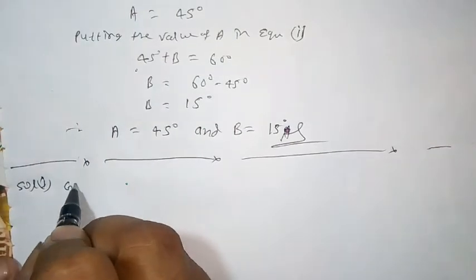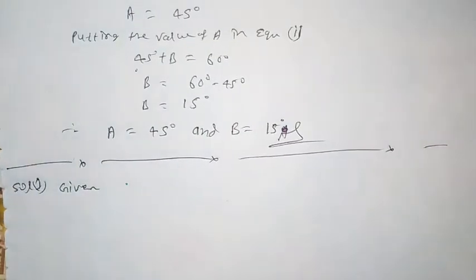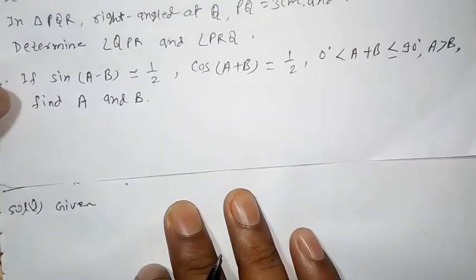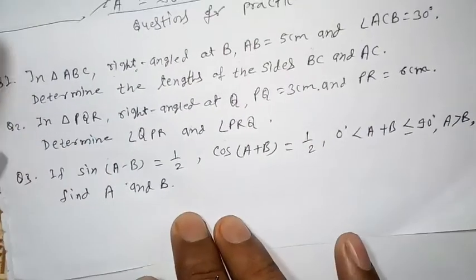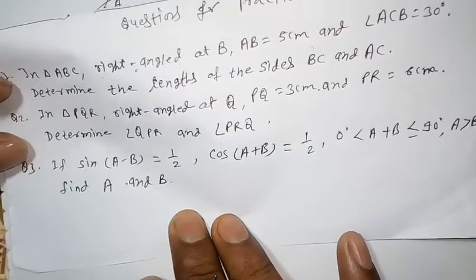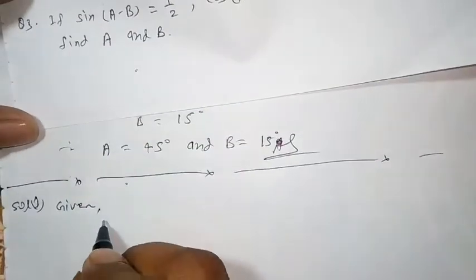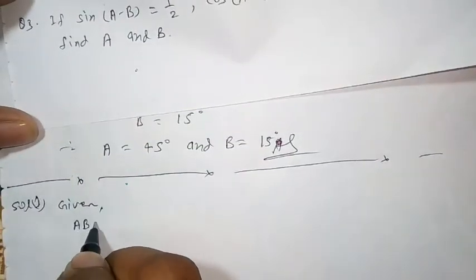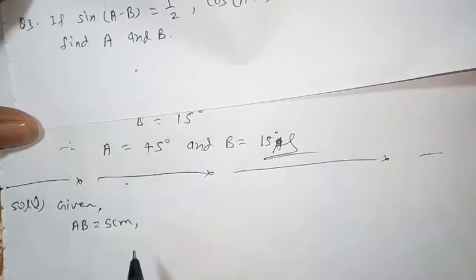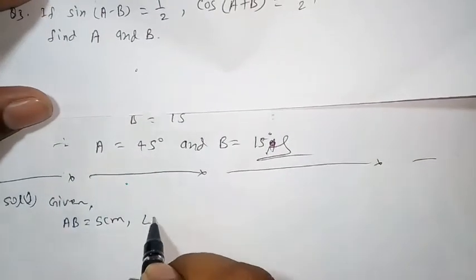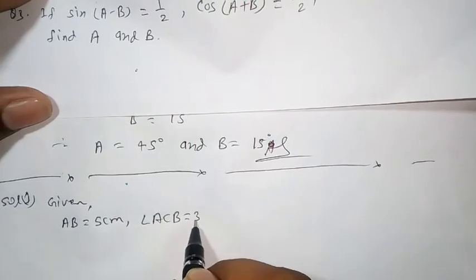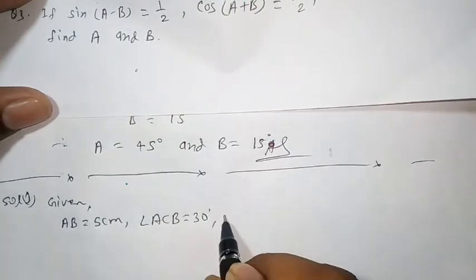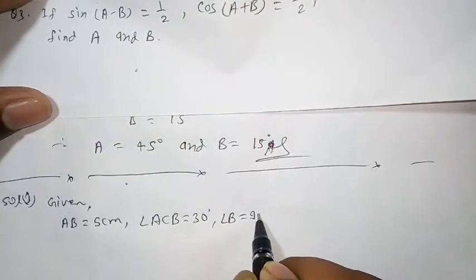Given: AB is equal to 5 cm, angle ACB is equal to 30 degree, angle B is equal to 90 degree.